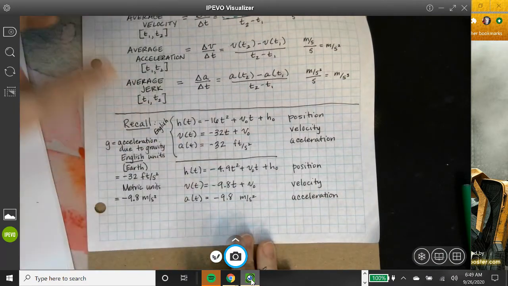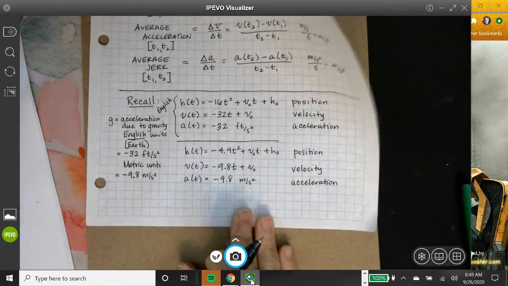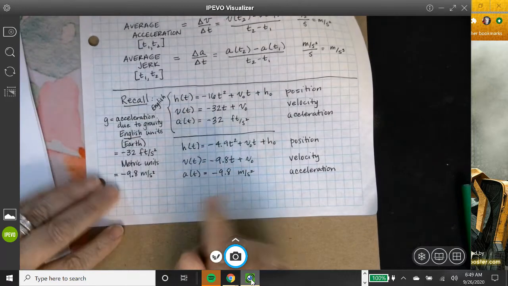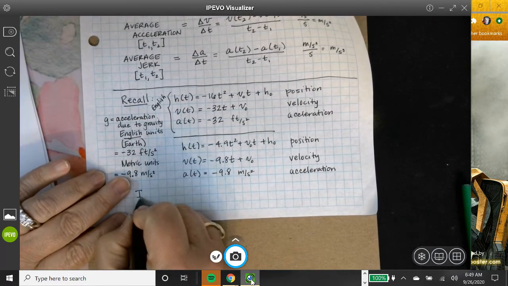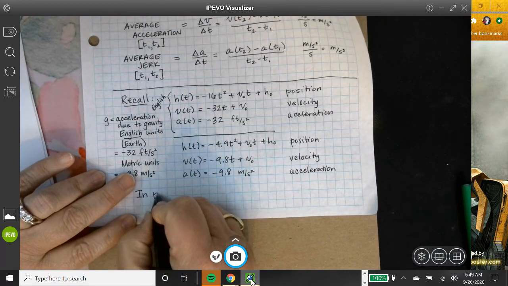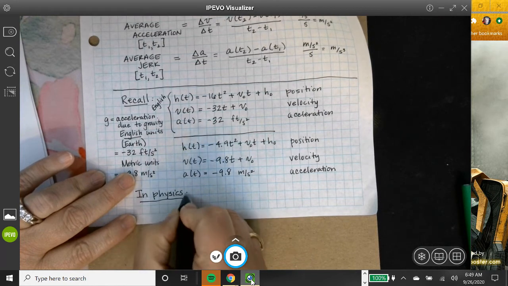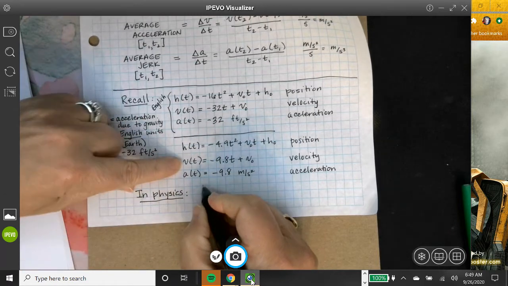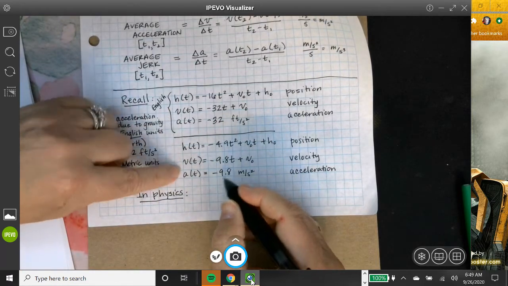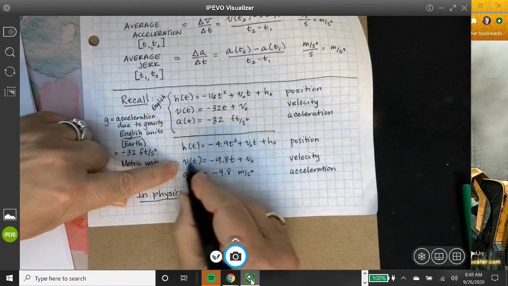Okay, so we could write this formula right here, the velocity formula, right?